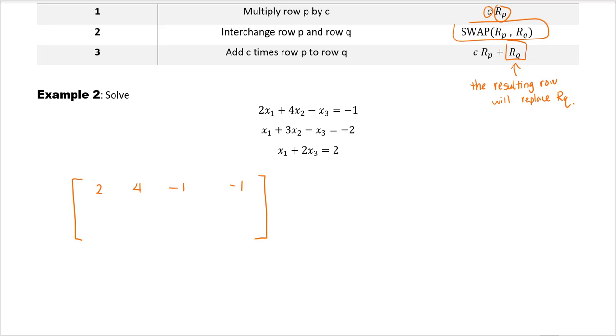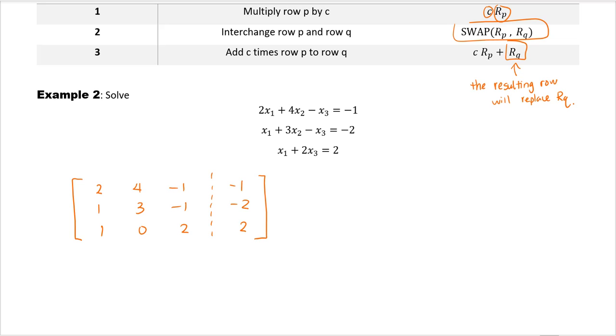Okay, how about the second row and the third row? So I suggest you pause the video and write it down. Okay, are you ready? Okay, so 1 x1, 3 x2, -1 x3, and -2. Last one, 1, but no x2, 2 x3, and 2. So this is the augmented coefficient matrix.